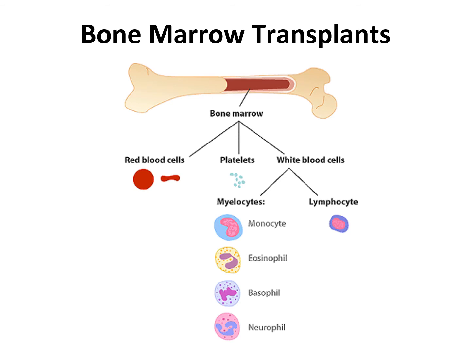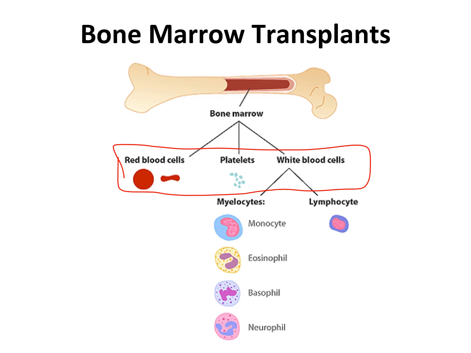A bone marrow transplant is a type of transplant that is very different from a solid tissue transplant. And a bone marrow transplant is used to treat conditions of the formed elements of the blood. So the formed elements of the blood, remember, are red blood cells, platelets, and the white blood cells.